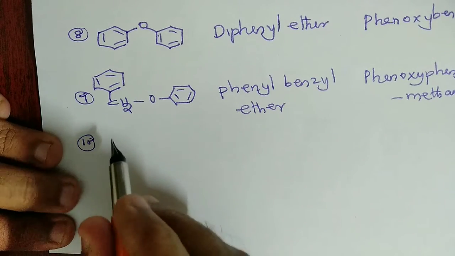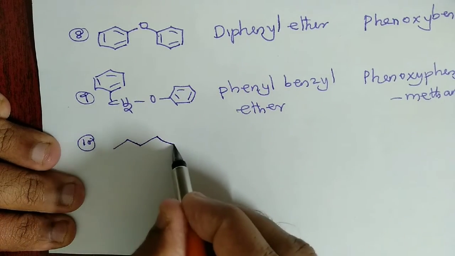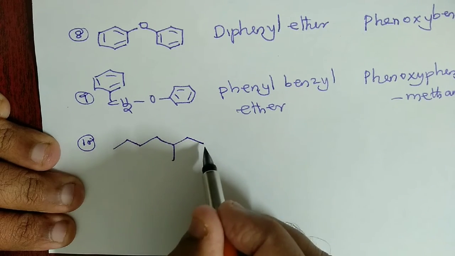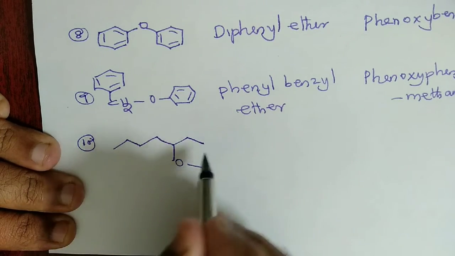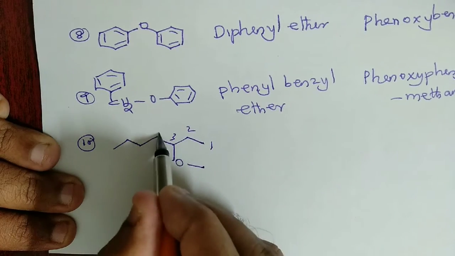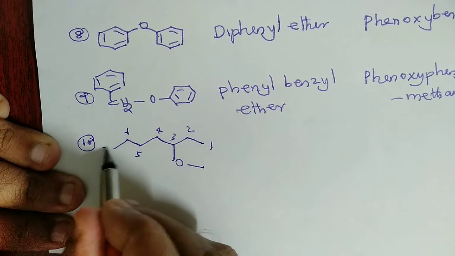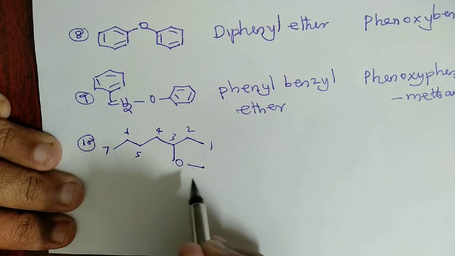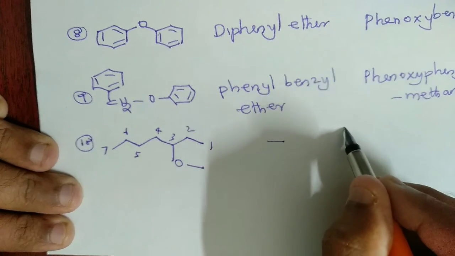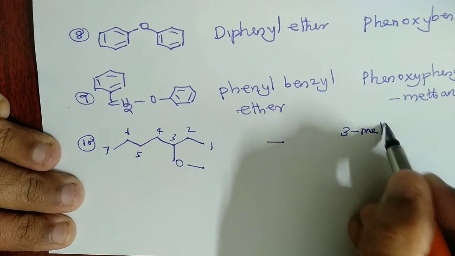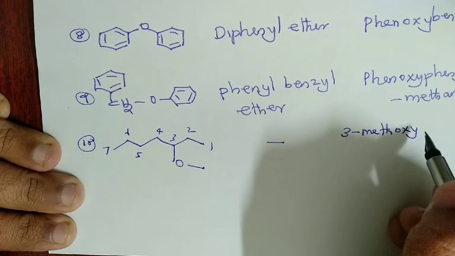Last one, one more example. This compound is named as, there are 7 carbon atoms, third position, 1 methoxy group. So IUPAC name is 3-methoxyheptane.